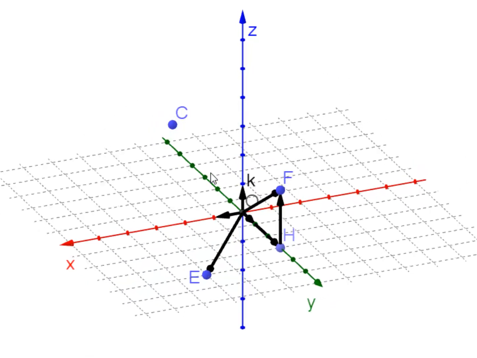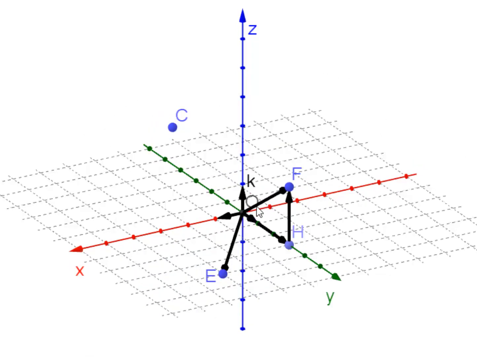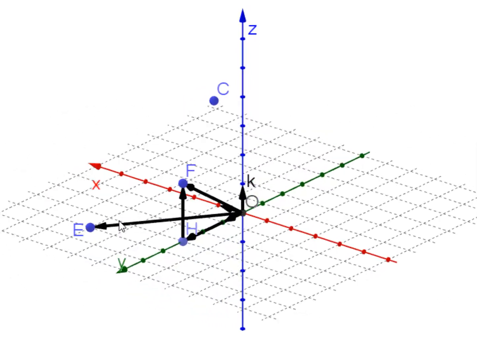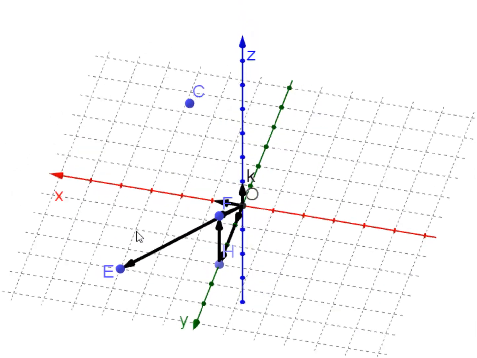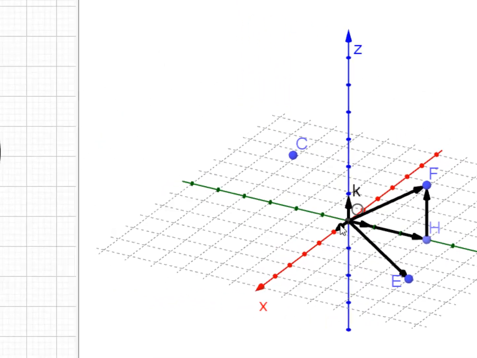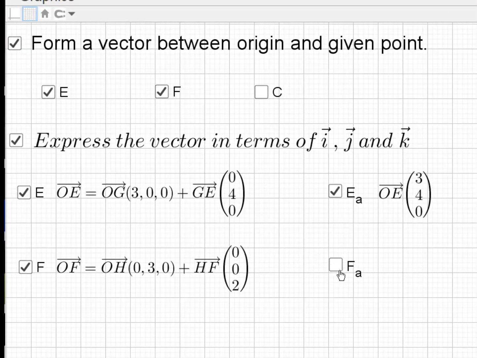Now we can see that OF is also formed of the two consecutive vectors OH and HF, where OH is equal to 3j and HF is 2k. As a result, the components of vector OF would be 0 for the x-axis, 3 for the j component, and 2 for the k component.